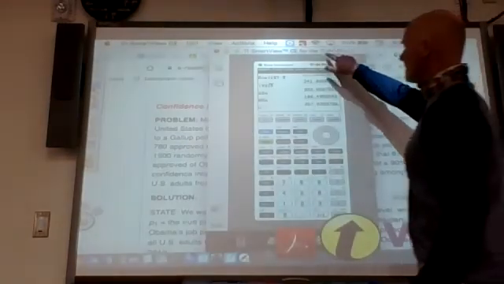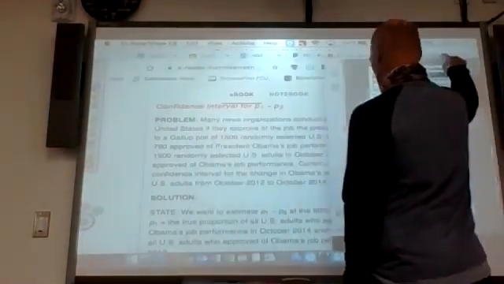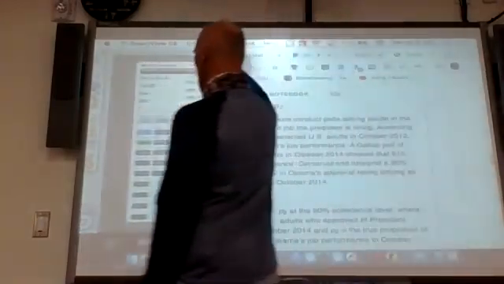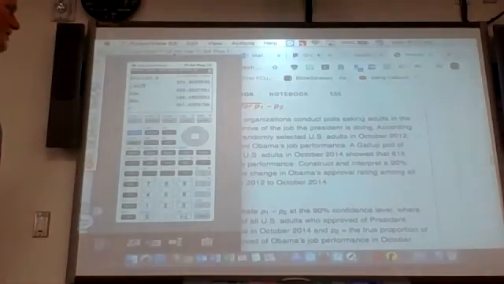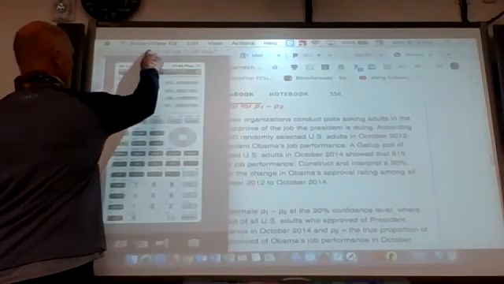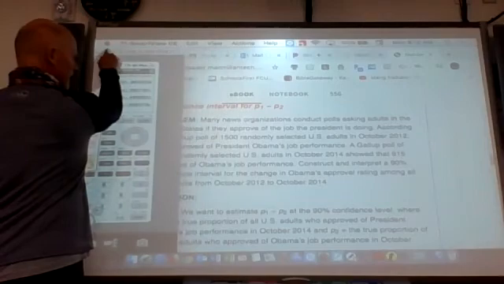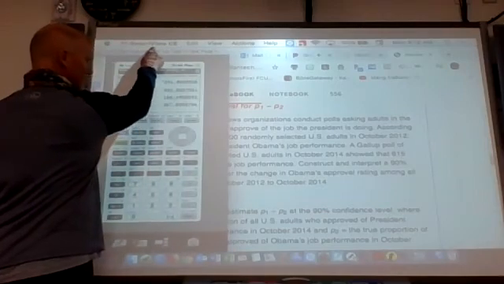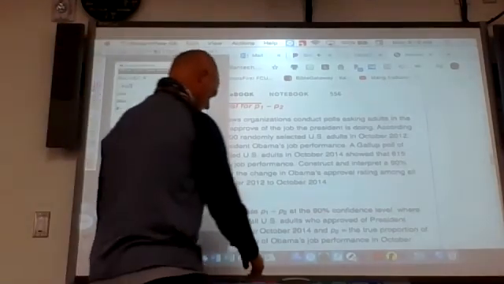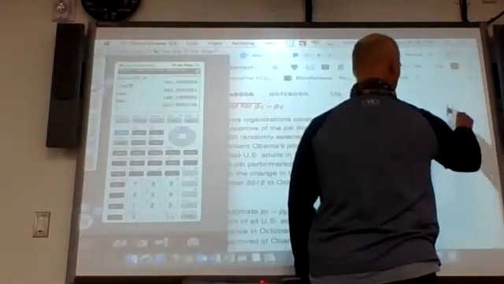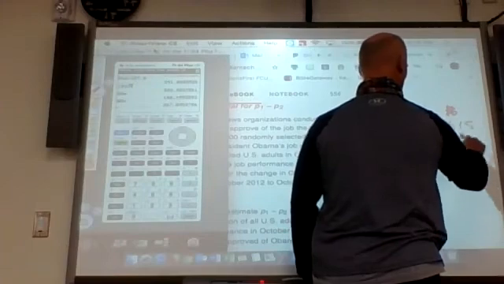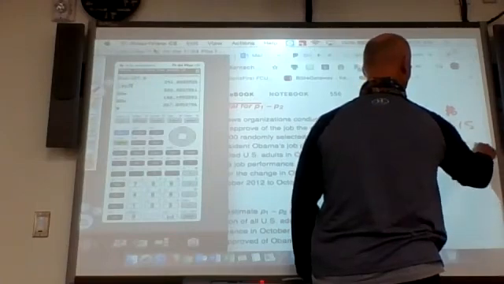If you look at the book, they will show you the formula way, and I think you'll find it quite a bit easier to use the calculator. I have to remember two numbers, 615 out of 1500.